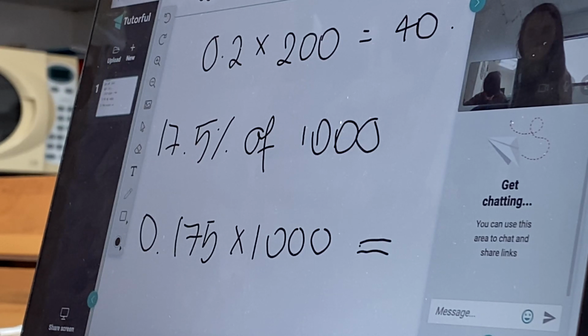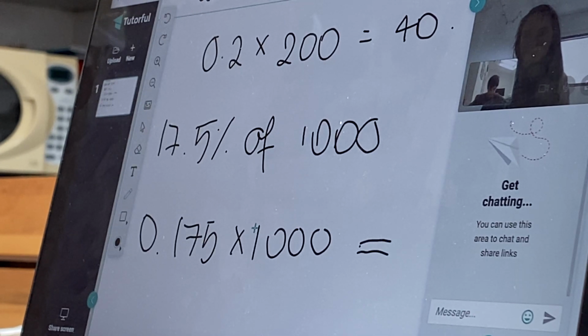So remember, multiplying something by 1,000, think about what that's doing to the decimal place.